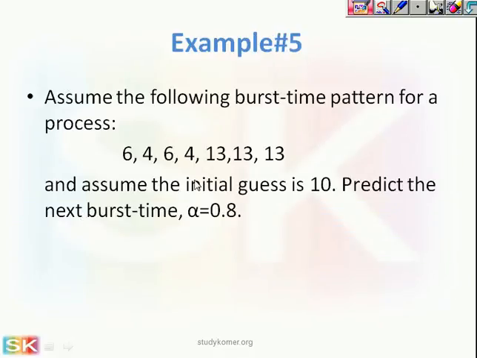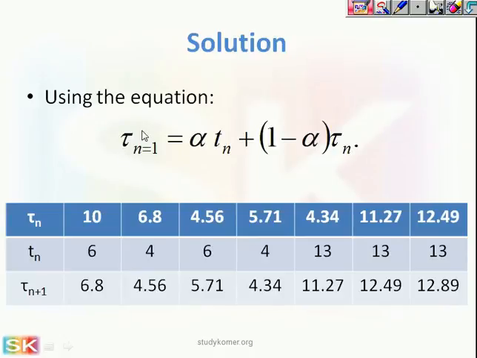It is saying that assume the initial guess is 10, that is the tau n, and Tn initially is 6. So tau n plus 1 is equal to alpha, that is 0.8, times Tn, that is 6, plus 1 minus 0.8 times 10. So this comes out to be 6.8.